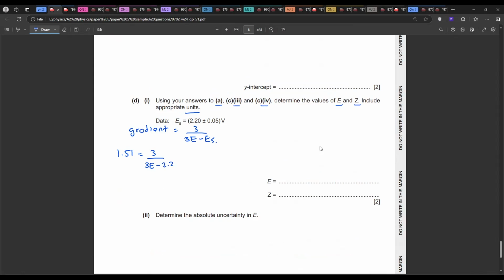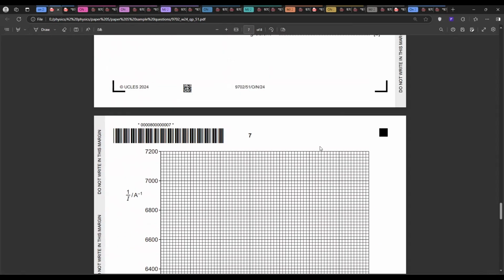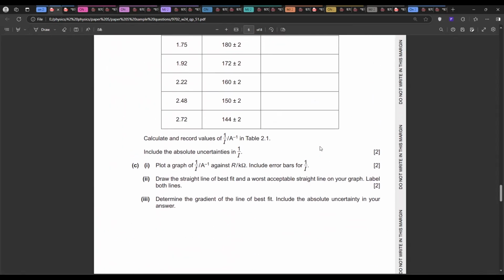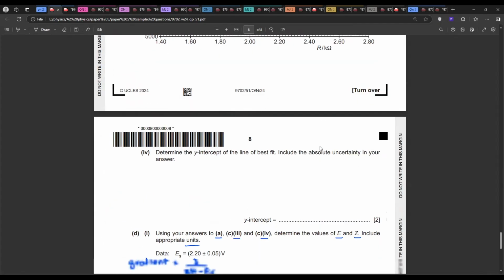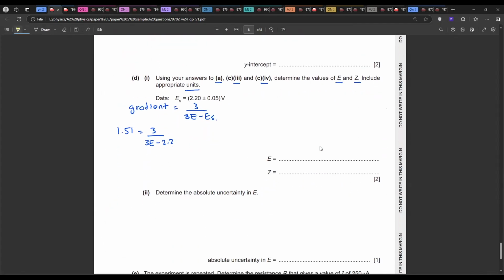So can we calculate the answer? 3E minus Es was the equation, right? Yeah. So can we calculate the value of E here? Very easy. First of all, 3E minus 2.2 is equal to 3 divided by 1.51.